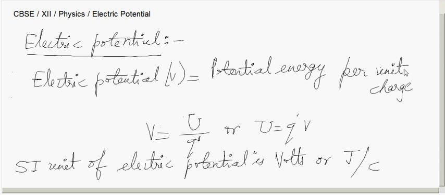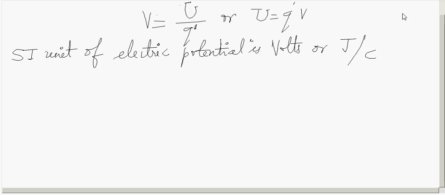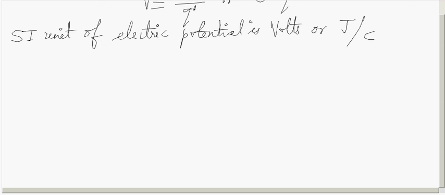Now in the last class, when we did electric potential energy, we considered a system of two charges, Q and Q dash. We said Q is fixed at point P and Q dash is moved from one place to another.